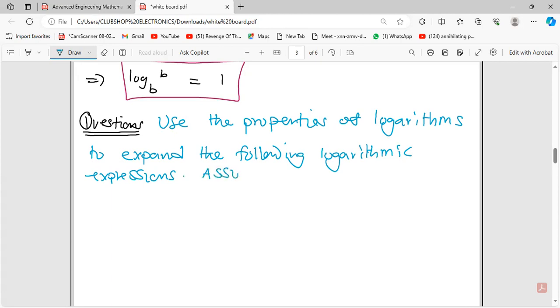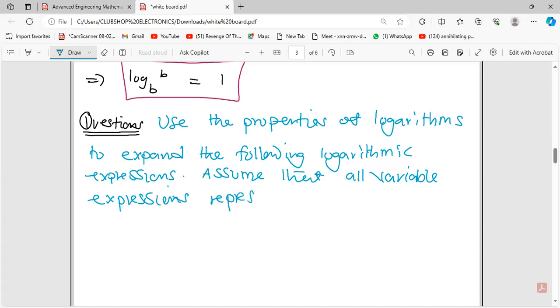I assume that all variable expressions represent real numbers.